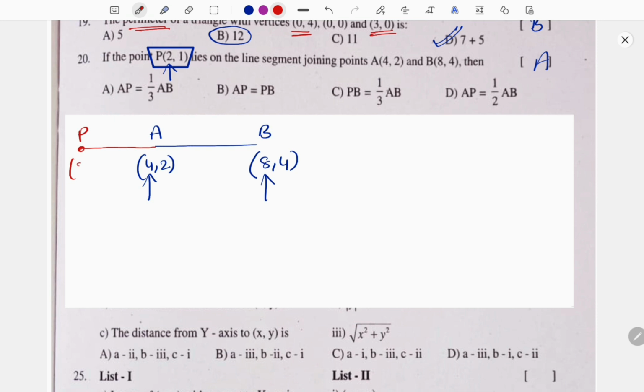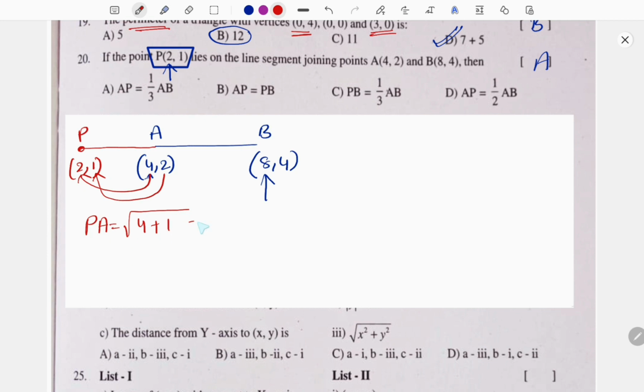Suppose I take the point P, that is 2, 1. Now find the distance PA. Square root of x2 minus x1, 4 minus 2, 2 square is 4, plus y2 minus y1, 2 minus 1, square is 1.